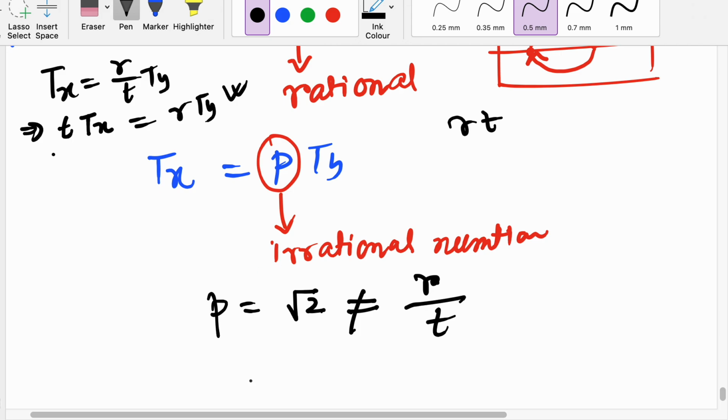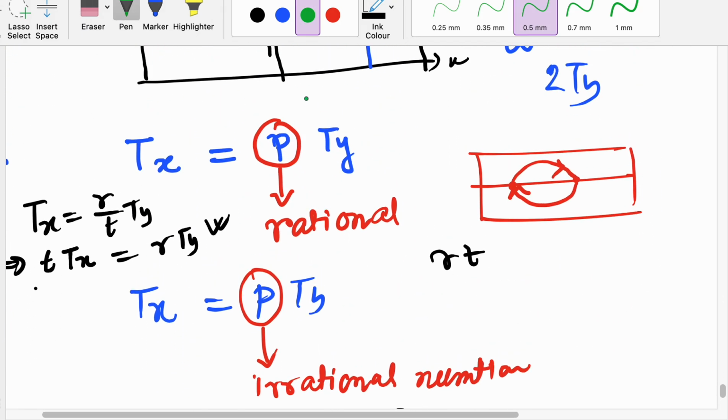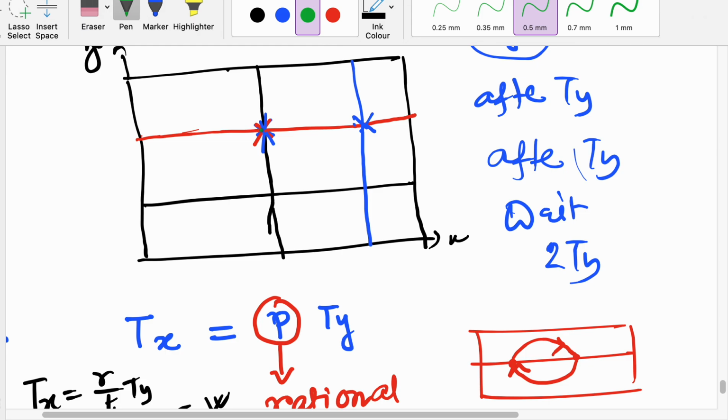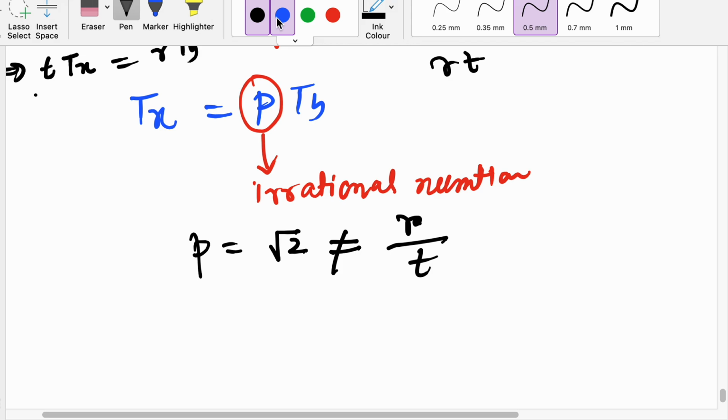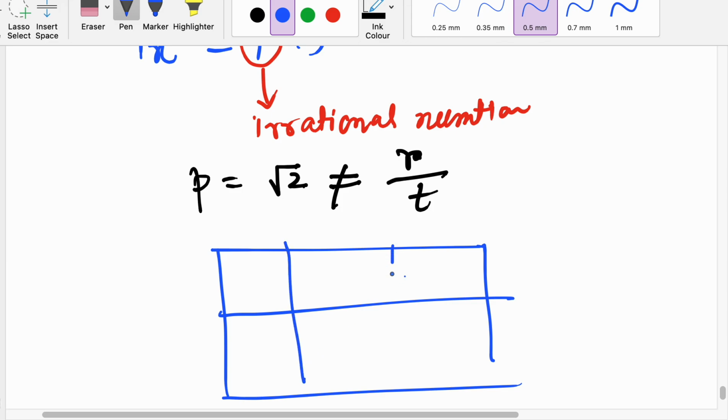So the system will be oscillating, since x is also oscillating. Let me draw another. Here they will not close, since we cannot represent it in p by q form. One time x will come here, but y does not come here, y will come here.